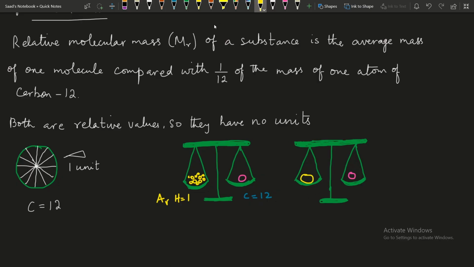So in order to balance this magnesium, I need to put one carbon atom more. So that makes the relative atomic mass of magnesium 24. That means magnesium is about 24 times heavier than 1/12 of carbon-12. Alright, that means 1/12 of 12 is 1. It's 1 unit. I hope it's clear now.